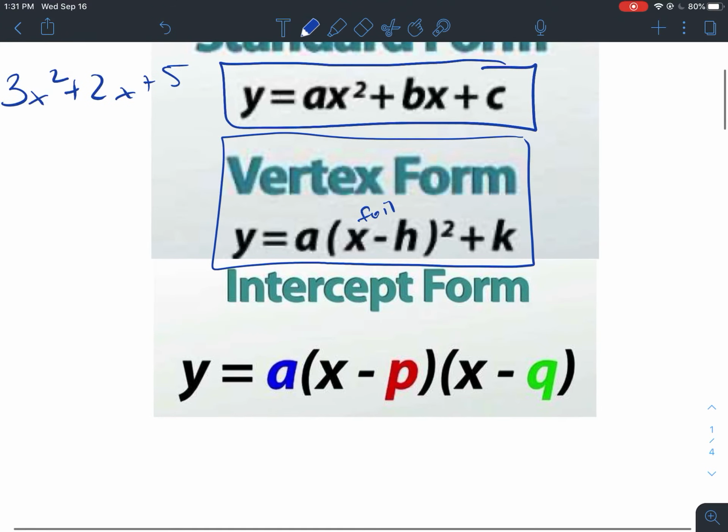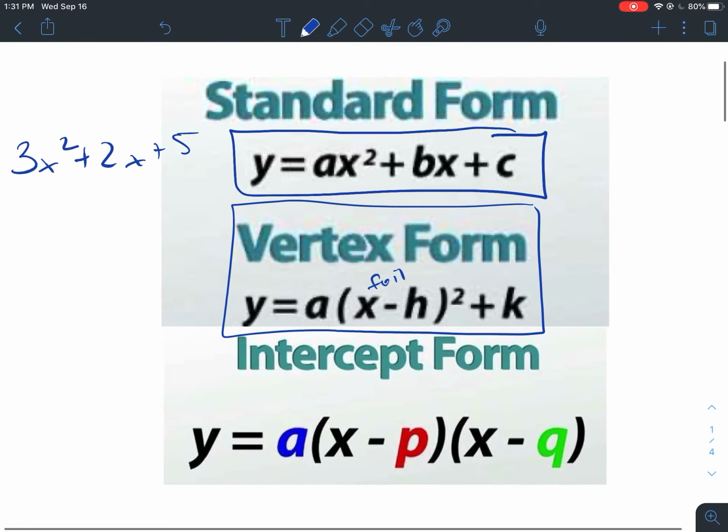Then there's also intercept form, which we're gonna get into a little bit more when we talk about factoring, and they help you find the zeros of the graph. So there's different benefits to each of these forms. Definitely vertex form. This one's great for, you guessed it, the vertex, right? Intercept form is great for finding the x-intercepts.